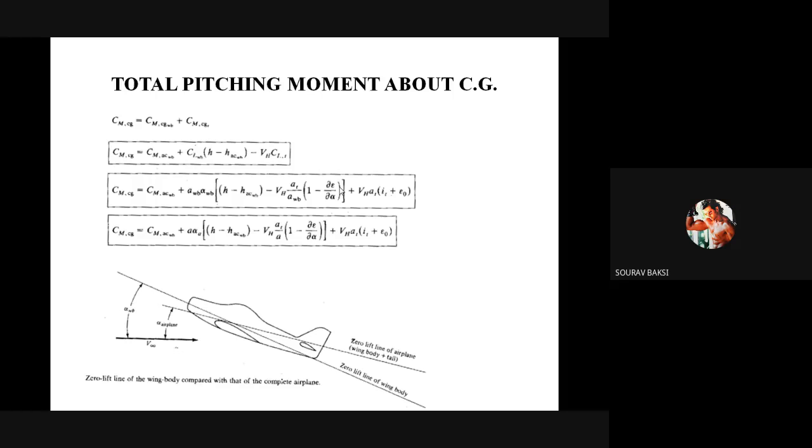So it becomes 0. Why? Because it is multiplied with the whole thing. So del epsilon by del alpha will render AWB multiplied by the total term in the third bracket, isn't it? Yes, sir.